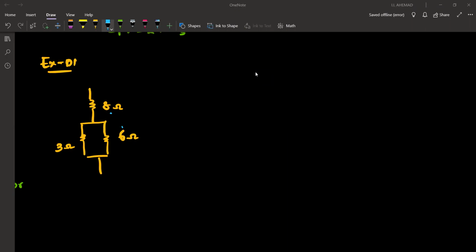They are not in series. What is the condition to be in series? To be in series, the same current has to flow. If you supply current from this side, the current will come to this junction and it will divide, right? Then they are not in series. Now you can find these two in parallel, solve those two, and then the equivalent of this will come in series to this.